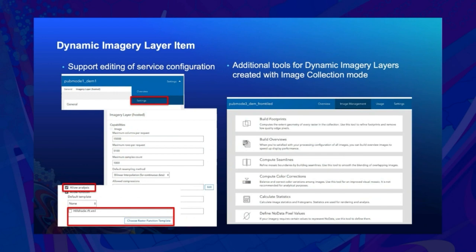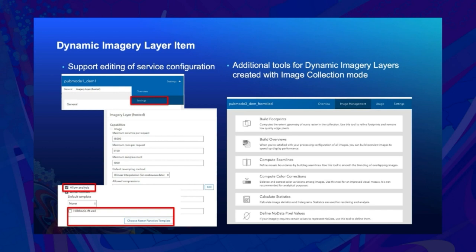Now, on top of this visualization enhancement, we also provide additional options for users to configure on their dynamic imagery layer items. Again, if you're familiar with image service in Enterprise, we also bring those image service settings to ArcGIS Online as well. Once you create a dynamic imagery layer item and go into the item details page, you'll be able to customize the settings through the settings page.